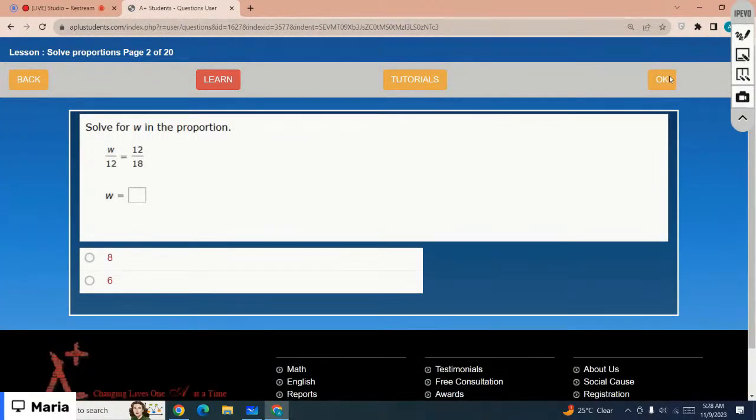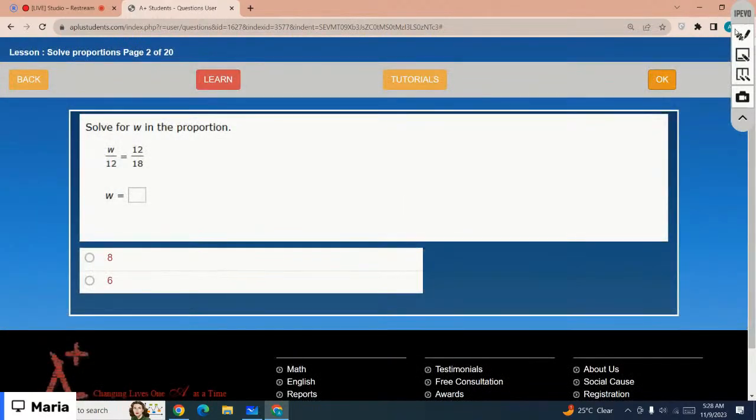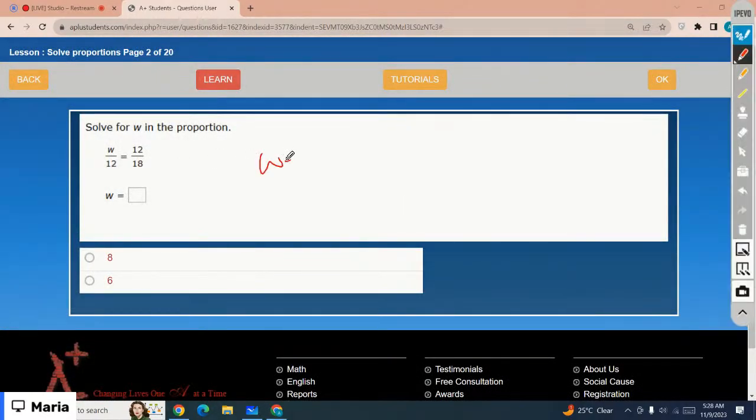Okay, the next one is w divided by 12 equals 12 over 18. You have to solve this proportion for w, right? So isolate the variable w, move 12 to the other side, so it would be w equals 12 times 12 over 18, right?